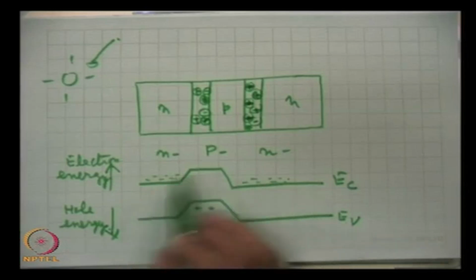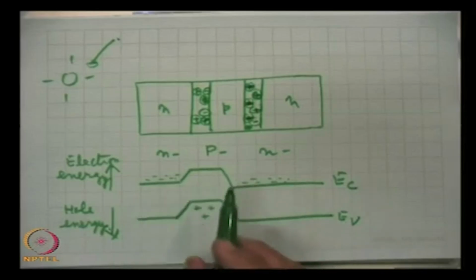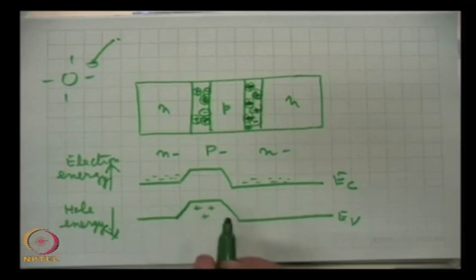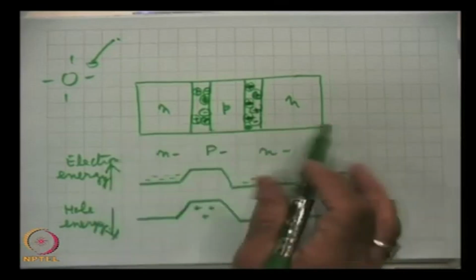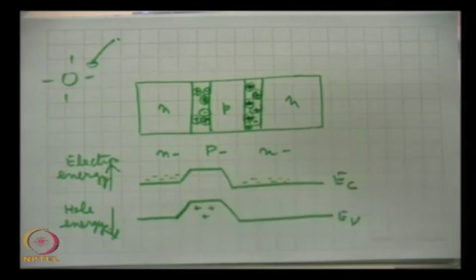So, this is the picture of an NPN transistor in equilibrium when there is no external field applied to it, and this is how the junction remains formed. Now, what will happen when we bias the transistor?